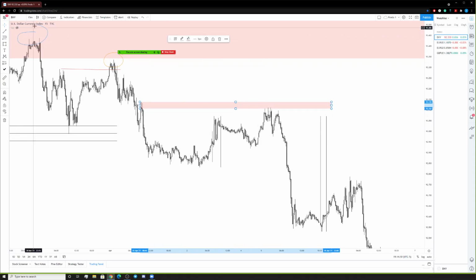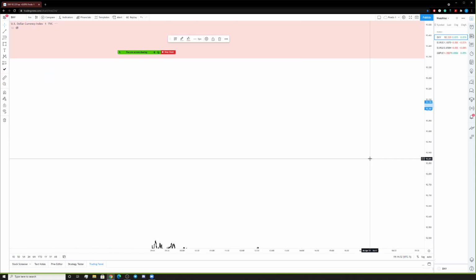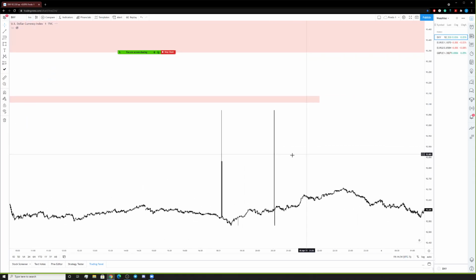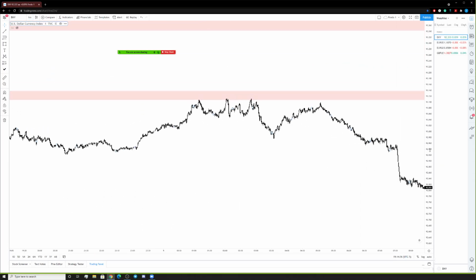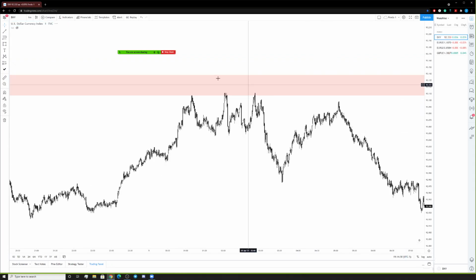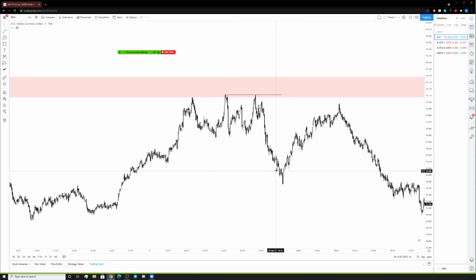So from there, right? Keep in mind, we never use liquidity as a bias influencer, right? Key example right here, equal highs, right? But we see a range, we see breakout, disruption, right?